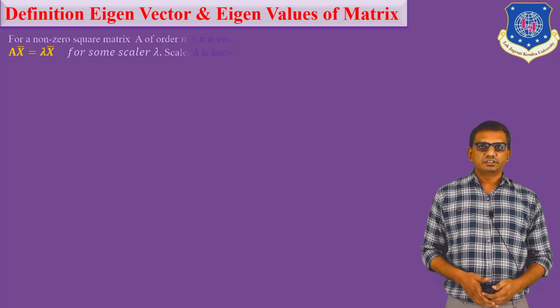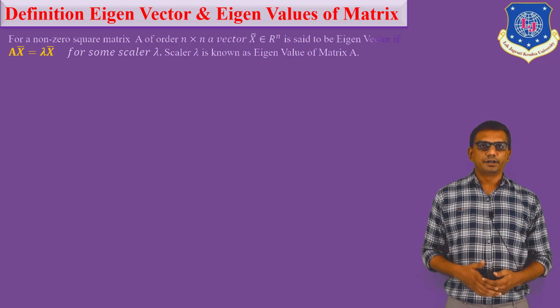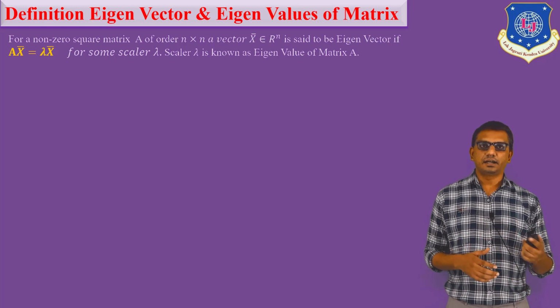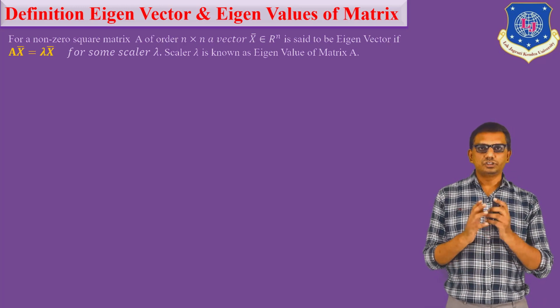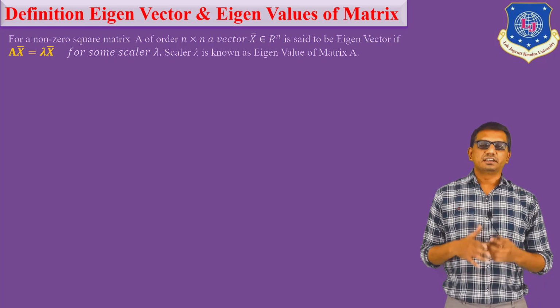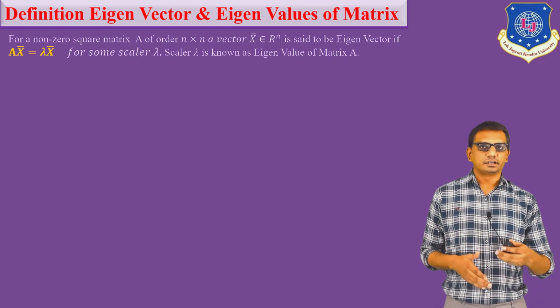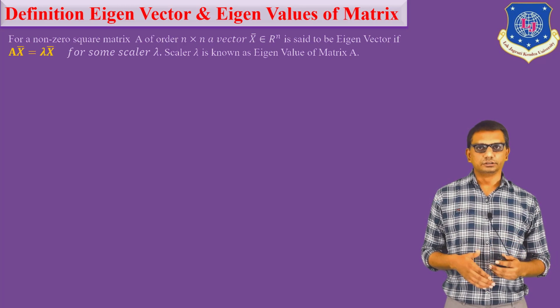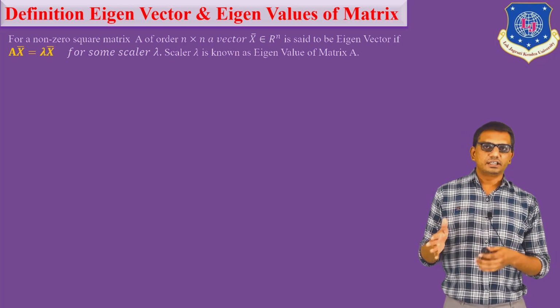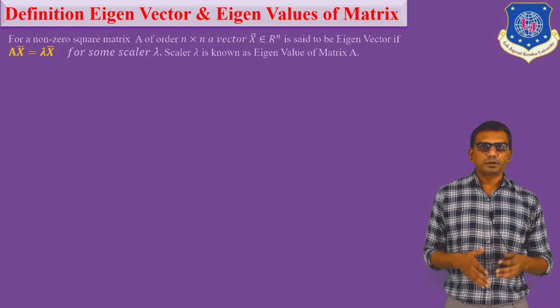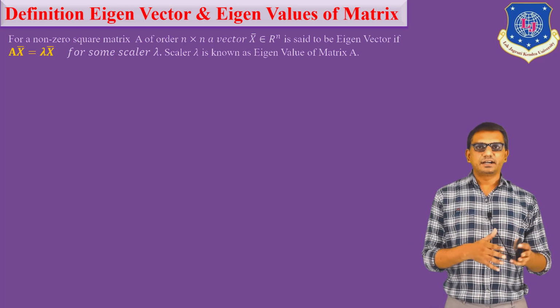Suppose A is a square matrix of order n cross n and x bar is any non-zero vector in Rn. If we multiply x bar with matrix A, here x bar is an n cross 1 column matrix, so we can easily multiply x bar with A, then A x bar becomes lambda times x bar.